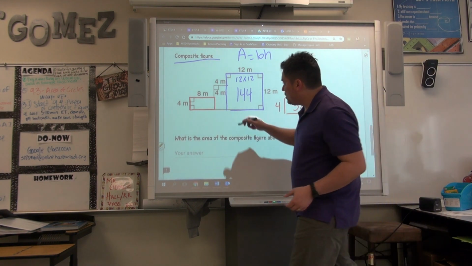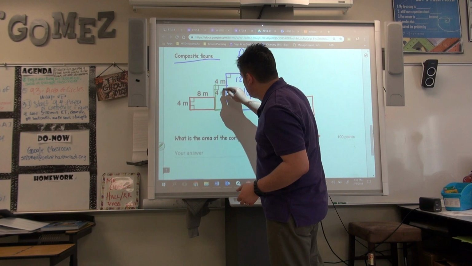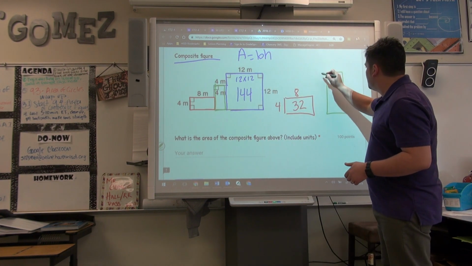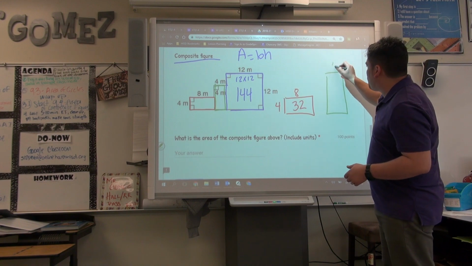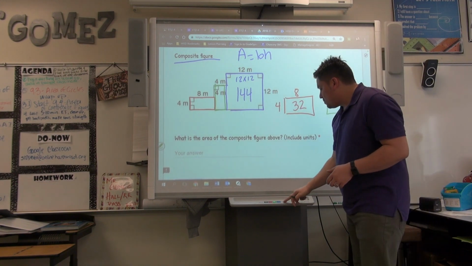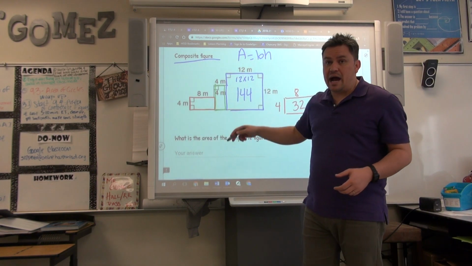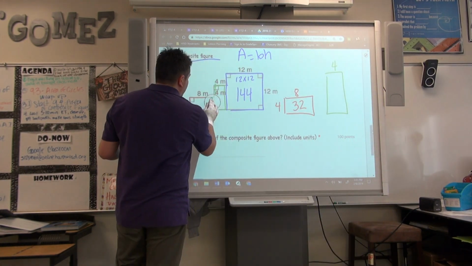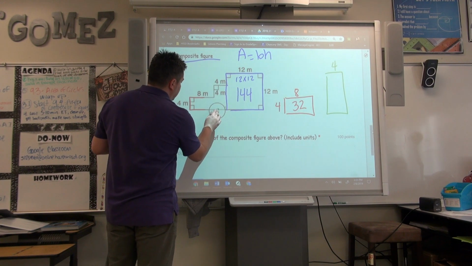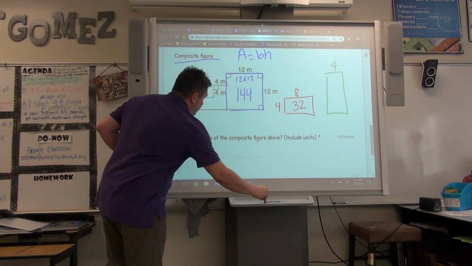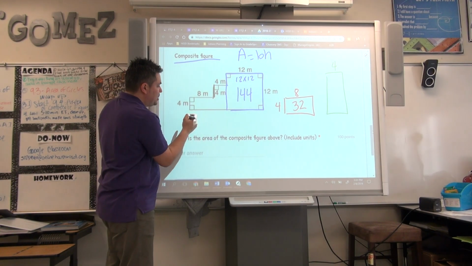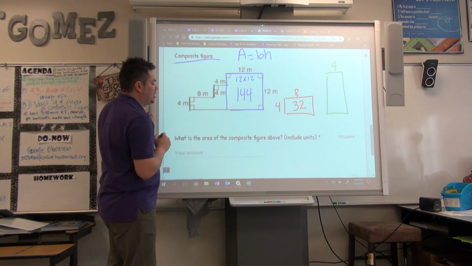Now I'm left over with this piece right here. If I draw it on the side, I can clearly see that this is 4, but I don't have the measure for the height, but I can look for it. How? If I erase right here so I can see clearer, I can clearly see that this line right here is 4, given to me, and also this line right here is 4.